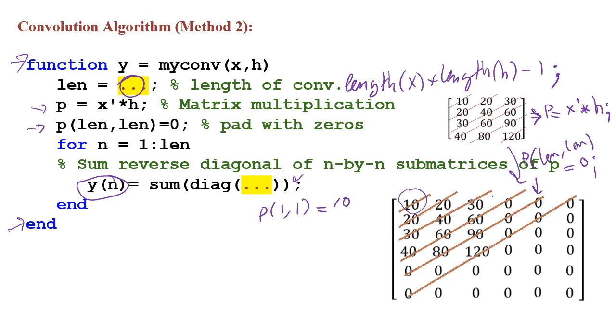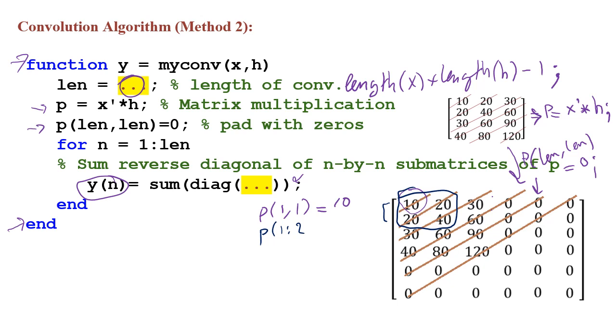To extract this submatrix, what we need to type is P, 1 until 2, so from the first row until the second row. So it's a range of indices. It's no longer just one index. It's a range of indices between 1 and 2.